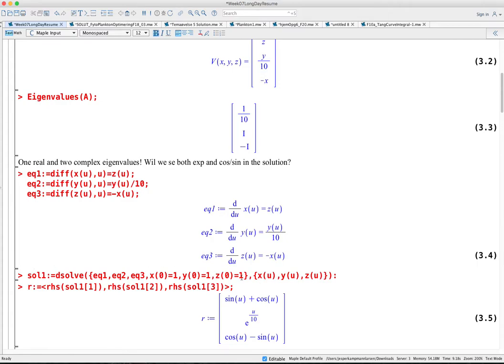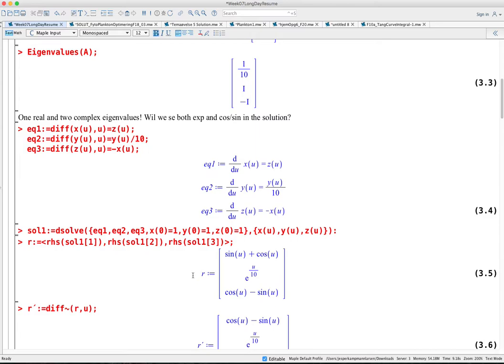Having made the solution, I can extract my parametric representation by looking at the right-hand side of the solution. So this is the first component of the solution, the right-hand side, and this is the second and the fourth.